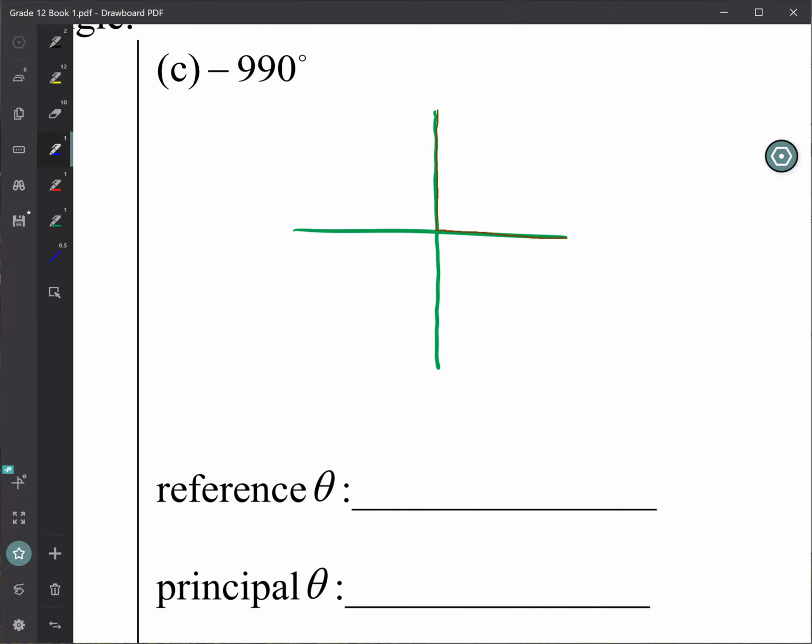Where is the terminal arm? You have to draw the turning.